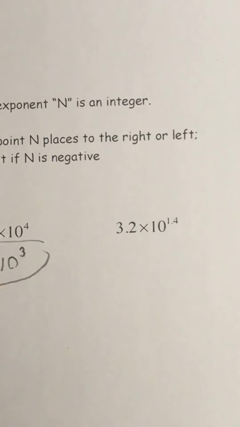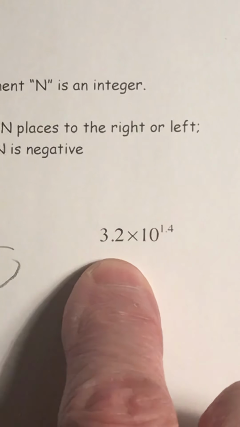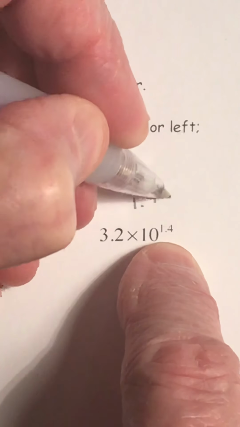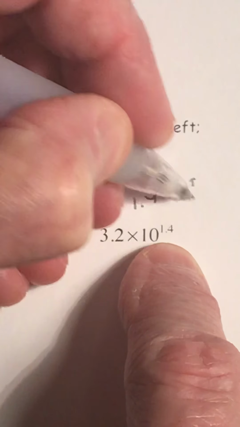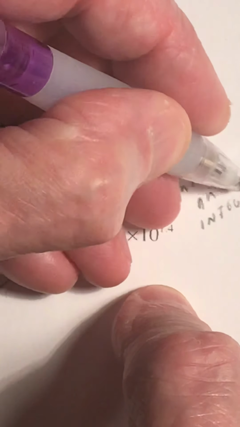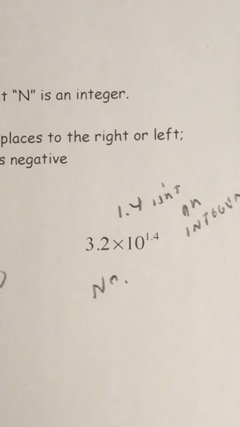And is this in scientific notation? This part looks good, but this 1.4 isn't an integer. So no. And this one can't be fixed, not by any ordinary means anyhow.